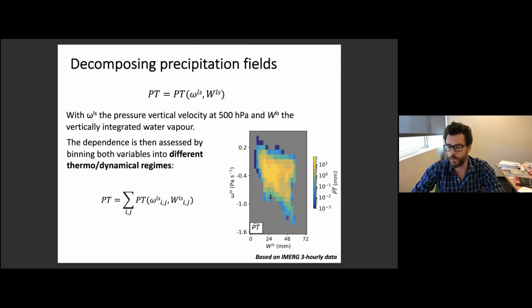This is based on IMERG 3-hourly data, just as an example. What we get is that the largest amount of precipitation for this specific region is falling at omegas around minus 0.4 Pascal per second, with integrated water vapor of the order of 28 millimeters.